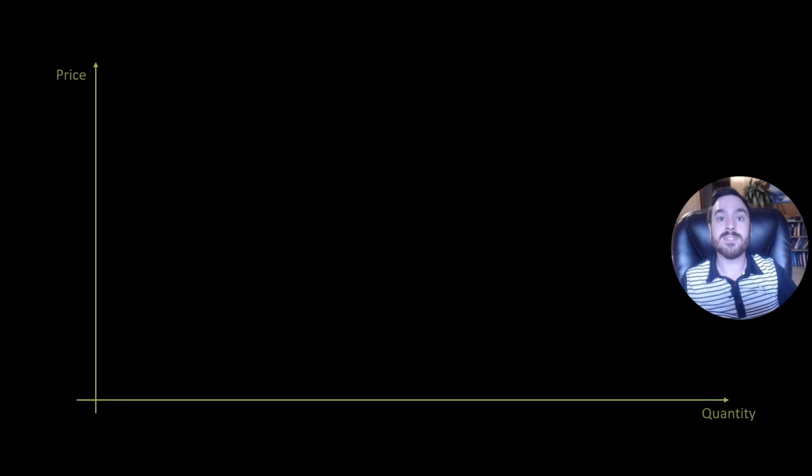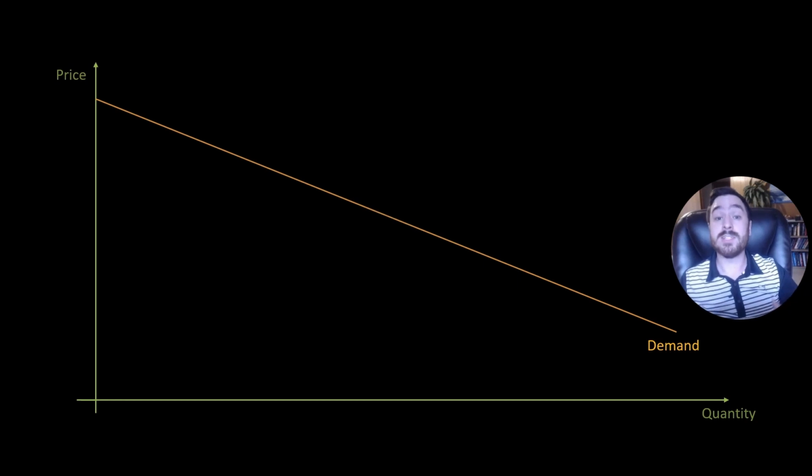And let's start by looking at a basic supply and demand graph. A supply and demand graph has price on the y-axis and quantity on the x-axis and includes 2 lines. The first is a demand curve, and this represents the maximum price people are willing to pay to buy a good. It's a downward sloping line because as the price goes down, more people are willing to buy the good.